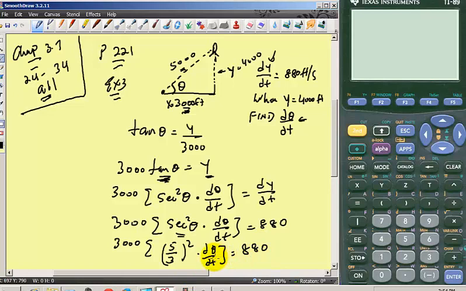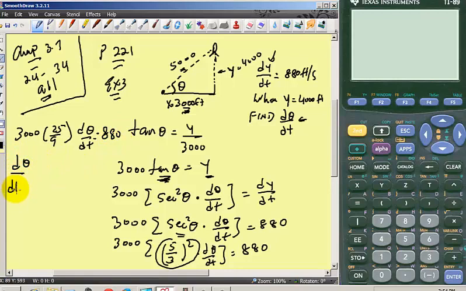So what I have here is 25 over 9. So I have 3,000 times 25 over 9 d theta/dt is equal to 880. So my d theta/dt turns out to be 880 divided by 3,000 times 25 over 9.